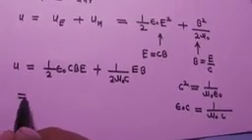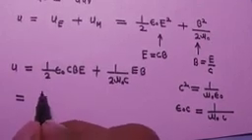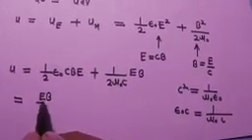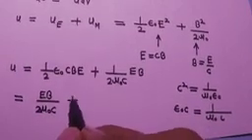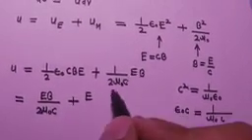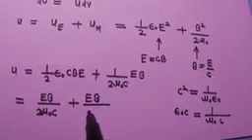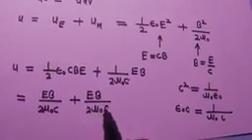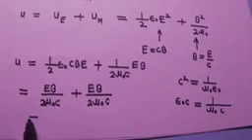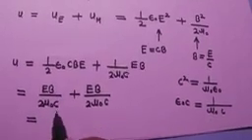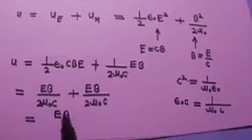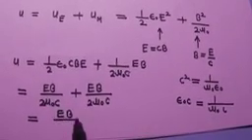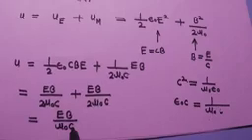So the first term becomes EB upon 2 mu naught c. Similarly the second term is EB upon 2 mu naught c. We can write it as 2 times EB upon 2 mu naught c, which becomes EB upon mu naught c.